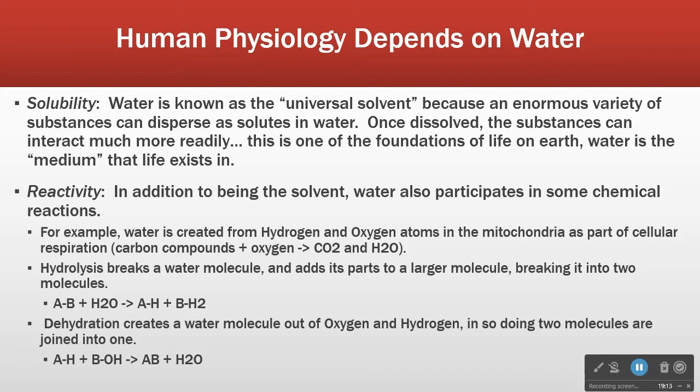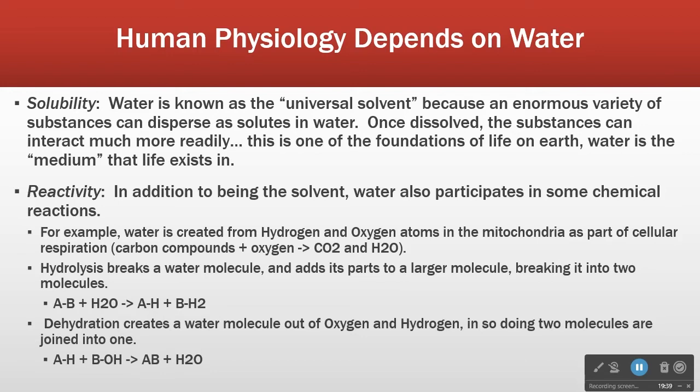Another example is good old hydrolysis, which you should have learned about in chemistry. That's where we take a molecule that has parts like A connected to B, we add a water to it, and we split A and B, and then we split that water molecule apart, right, into an H and an OH: AH, BOH.